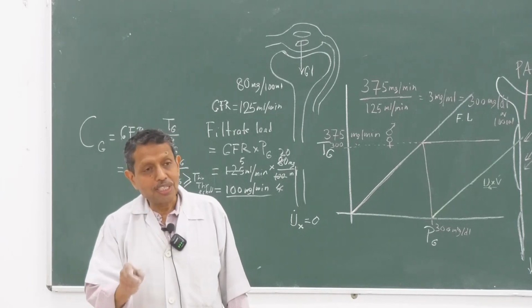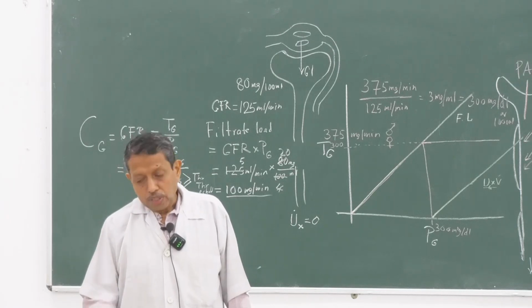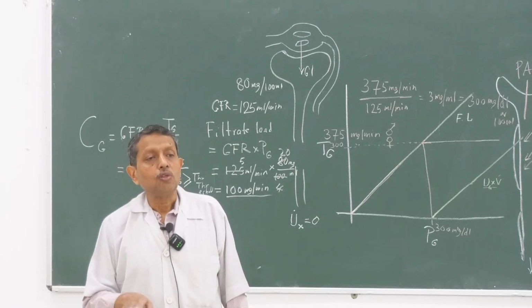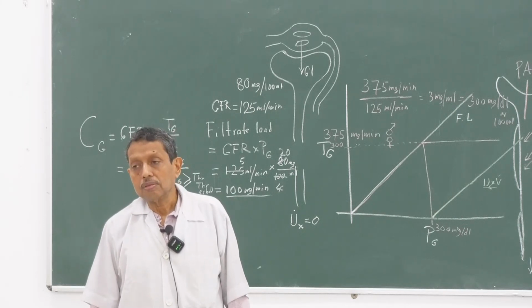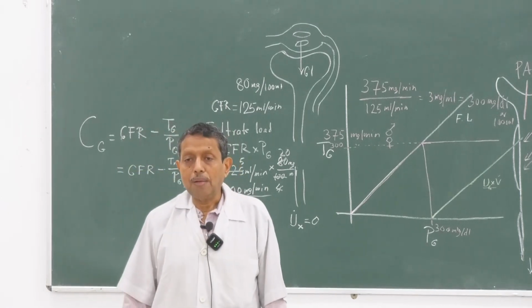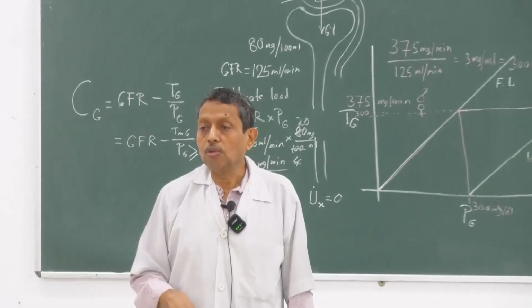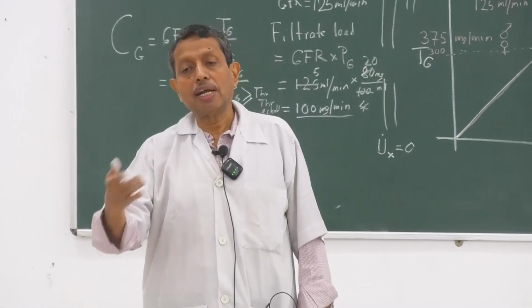So the sodium concentration within the cell is always low. So there is a tendency of sodium to move from the lumen into it. And there is a transporter called SGLT, by means of which glucose enters along with sodium. And there is polarity.